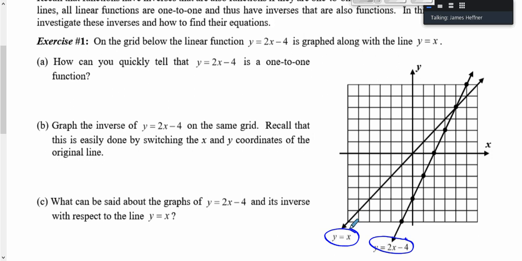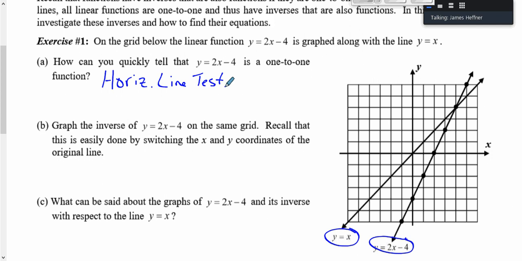So how can we quickly tell if y equals 2x minus 4 is one-to-one? What are we going to do? Horizontal line test, right? And if we do that test, is that function one-to-one?